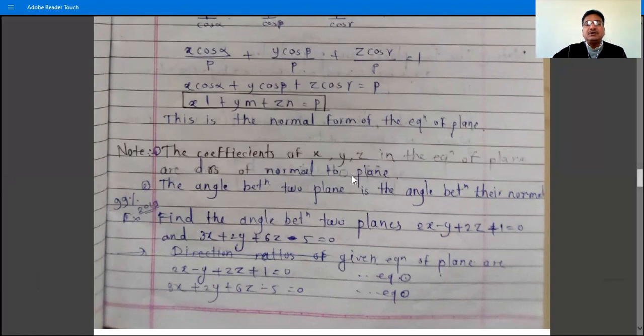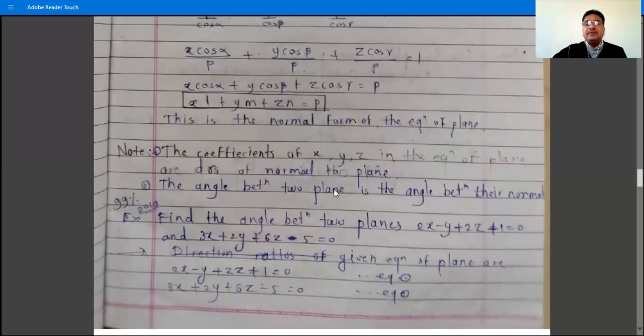If the sum of their squares is 1, then they are direction cosines, otherwise they are direction ratios. So in general, the coefficients of x, y, z in the equation of a plane are the direction ratios of the normal to the plane. This remark is very important.